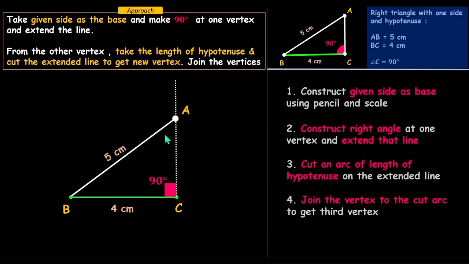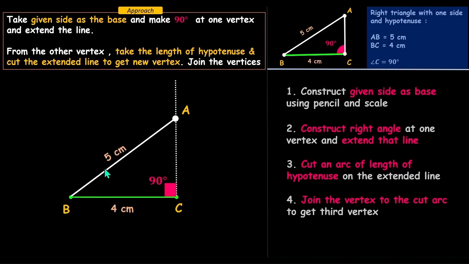There we have the hypotenuse. We'll name it A, and we can see it is 5 centimeter because that is the length we fixed the compass at. And since now we have this vertex A, all we need to do to get the third side is connect this A and C.